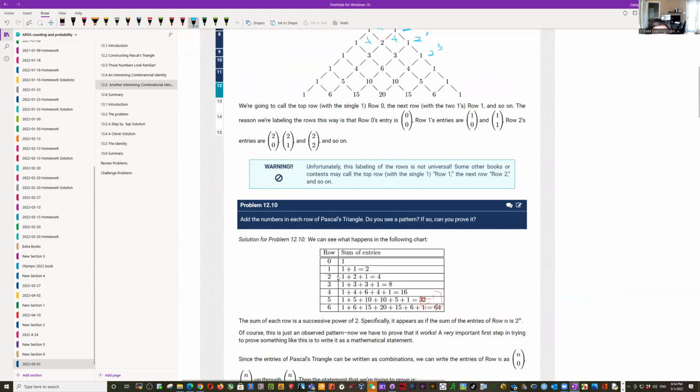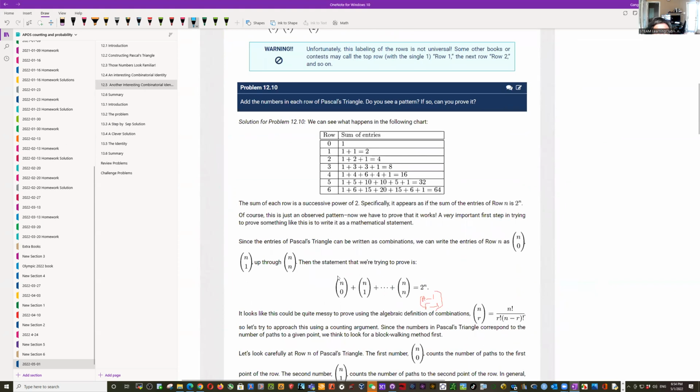You see the power relationship. It's actually 2 to the nth power, where n starts from 0, because Pascal's triangle levels start from 0, not from 1.